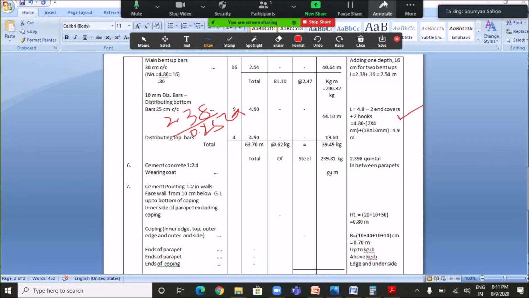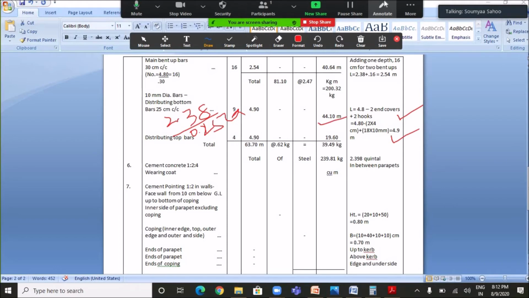So 4.8 minus 2 into 0.04 plus 2 into the length of standard hook, where the length of standard hook is equal to 9 into 0.01. So we are going to get this value as 4.9 meter. If we multiply 9 with 4.9, the quantity will be 44.10 meter.